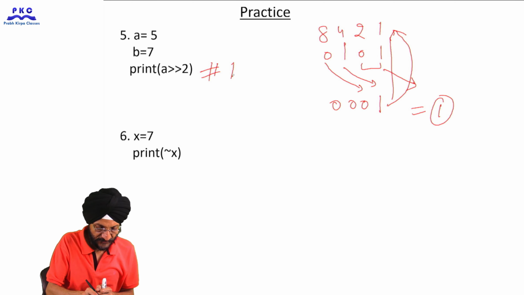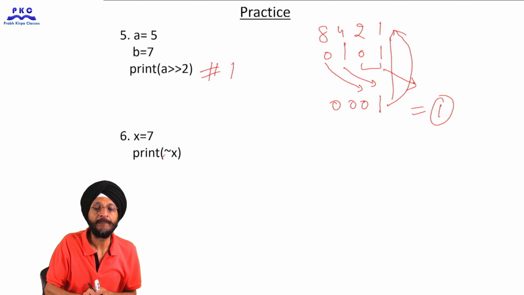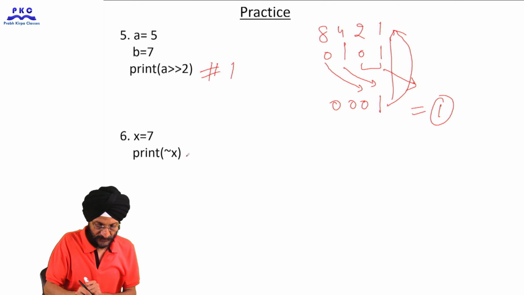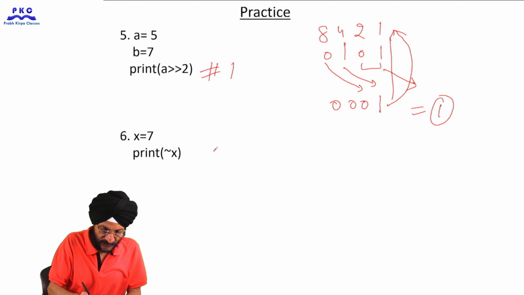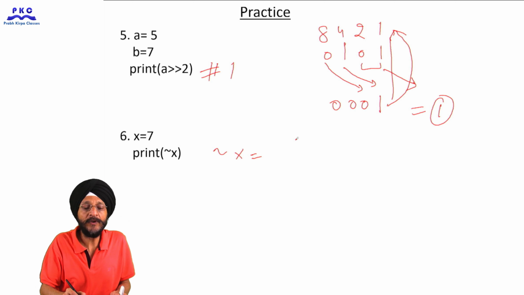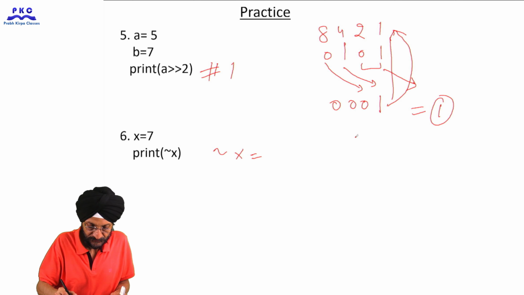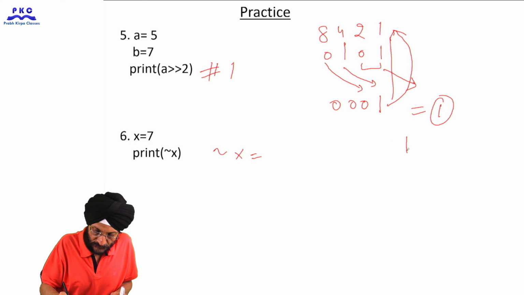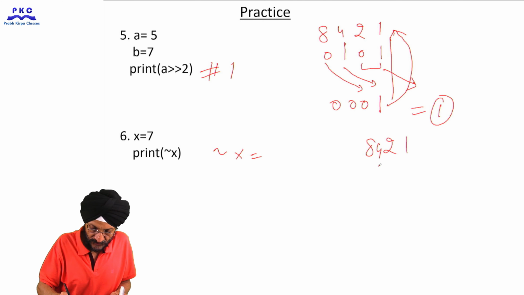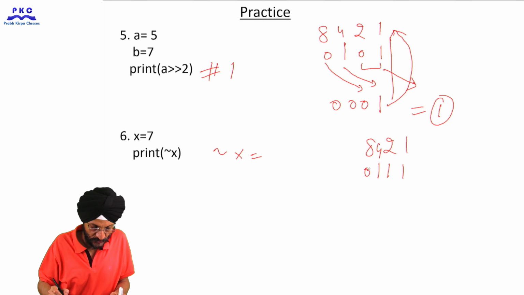So now what is given to us? X is equal to 7, print bitwise NOT X. So what will it result in? First of all, we will convert 7 into binary: 1, 2, 4, 8. 4, 2, 1, 0.